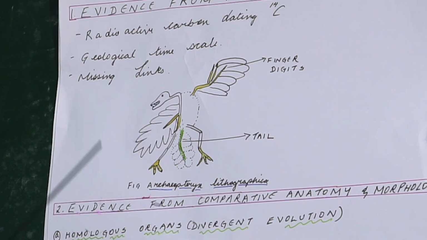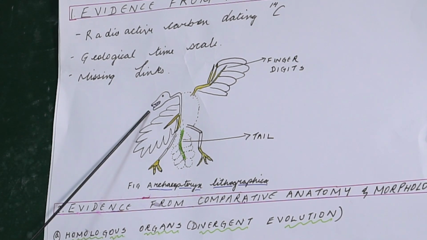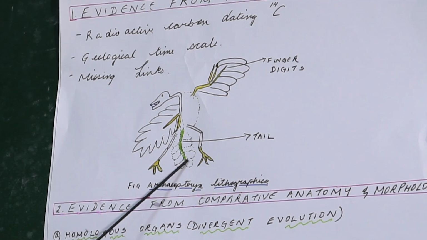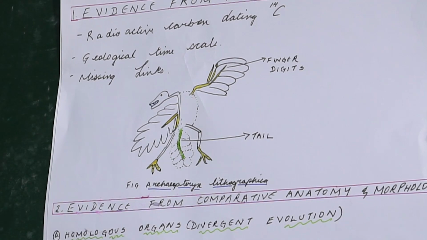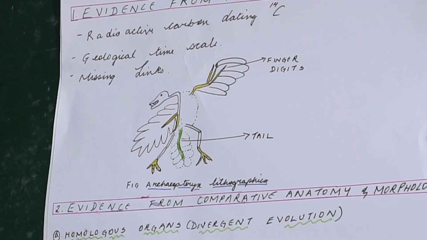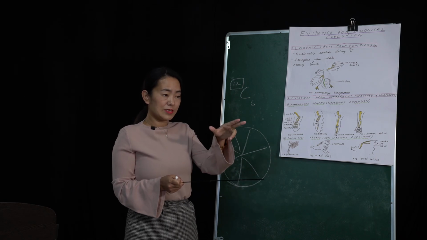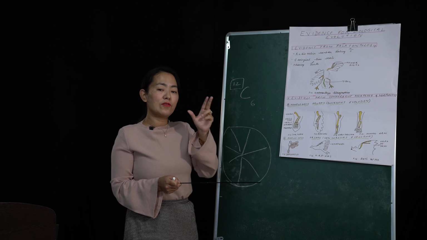So besides that, there are the characteristics of the reptilians, like the presence of teeth, the presence of a tail, and then the presence of fingers, digits, where it shows the claws. This was a very important link which showed that the reptiles and the birds were a long time back together and then they got separated. That proved as an evidence for evolution.